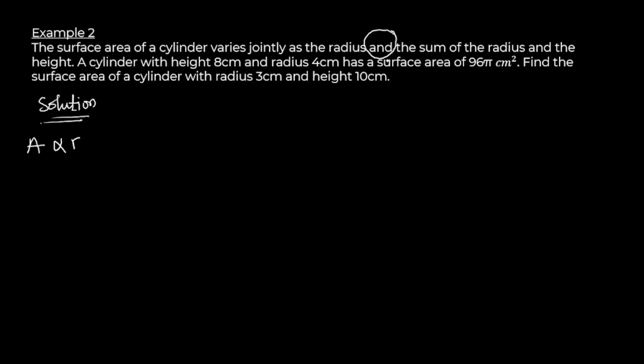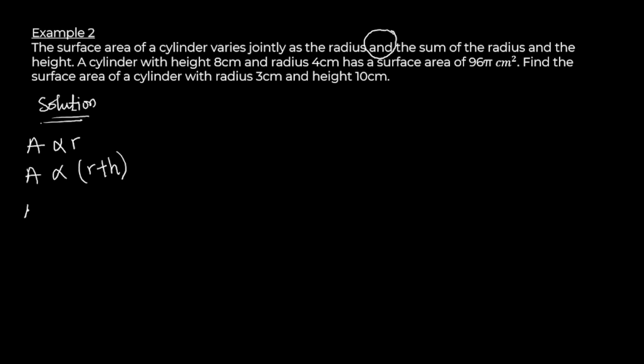breaks between the radius and the second quantity, the sum of the radius and the height. So it means the area also varies as the sum of the radius and the height of the cylinder. So we have two direct variations. If we combine them, we get our joint variation.